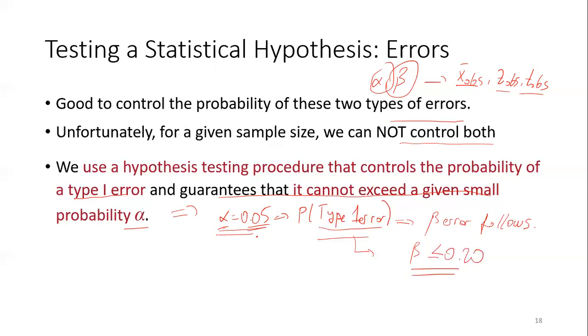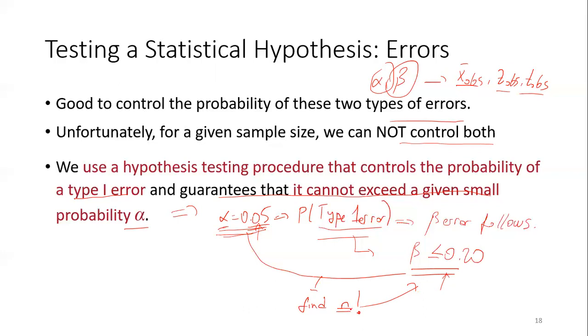In order to achieve both, you find the number of experiments which enables you to keep your type 1 error at 0.05 and your type 2 error at 0.20. But if you determine alpha and you are given a value of n, then your beta can be calculated using alpha and n.